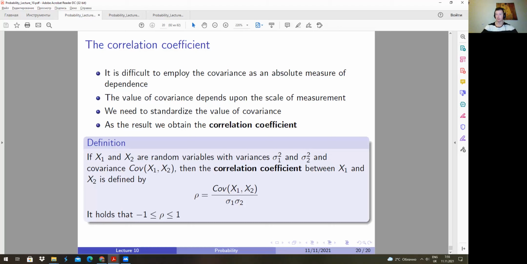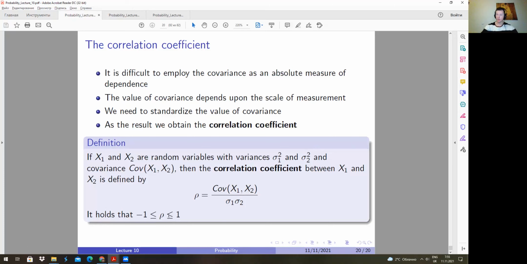So this is the fraction of covariance over the product of standard deviations. And standard deviation is the square root of variance. Basically, here in the denominator, we have the square root of a product of two variances.